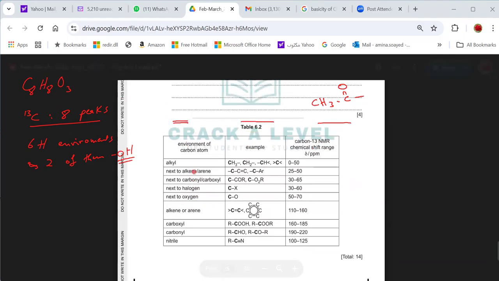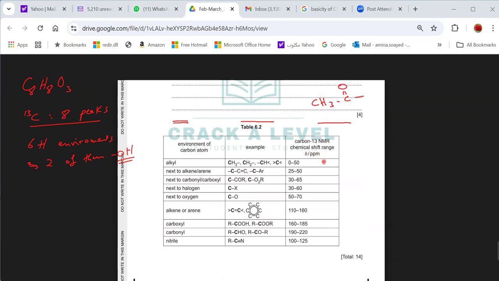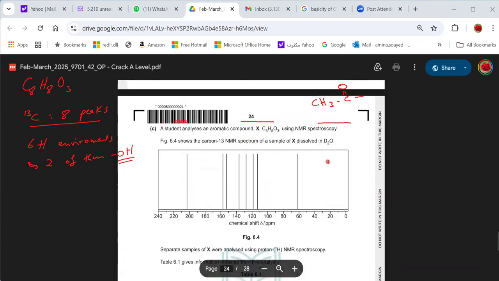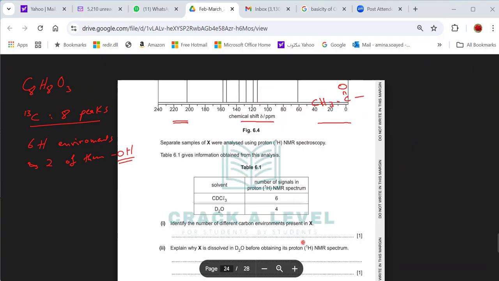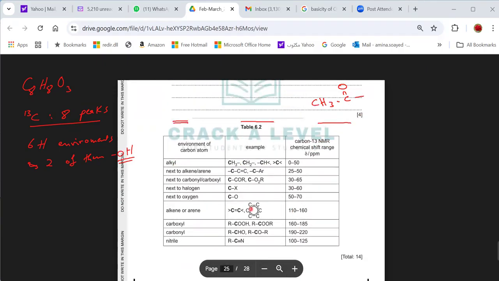So they give us the carbon-13 NMR chemical shift range. The first thing that we see in the carbon-13 is a peak at about 61, 62. When we look at the table, if we have a carbon atom that is next to a carbonyl or a carboxyl group, then it will have a peak between 30 and 65.